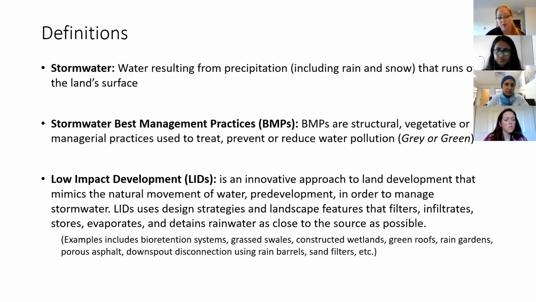Examples include bioretention systems, grass swales, constructed wetlands, green roofs, rain gardens, porous asphalt, downspout disconnection using rain barrels, and sand filters, etc. So stormwater BMPs and LIDs are basically the same thing. There's just a higher level of qualities that needs to be met in order for a system to be a low impact development project. So I guess all LIDs are BMPs, but not all BMPs are LIDs.